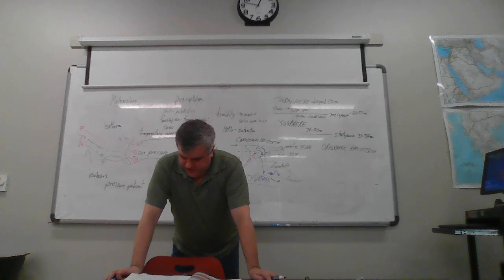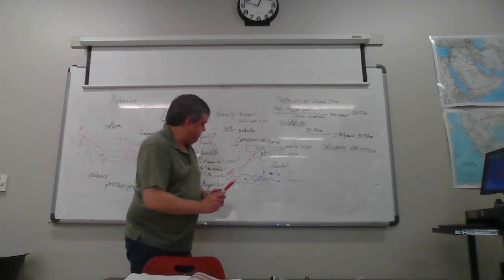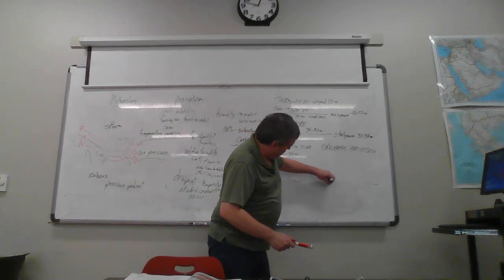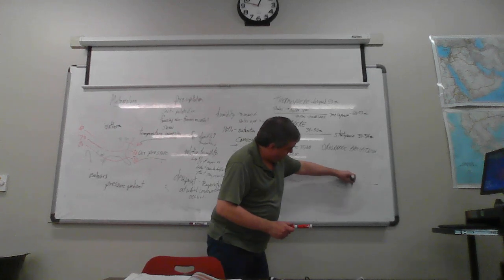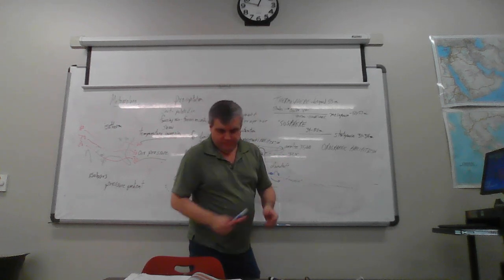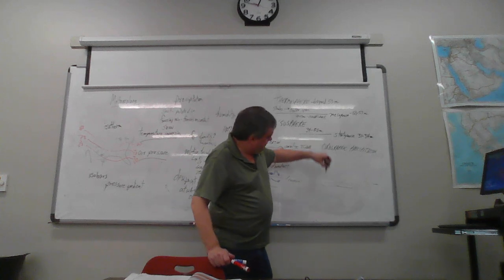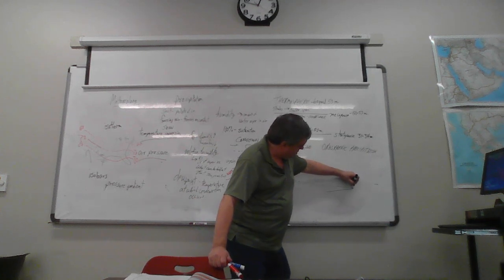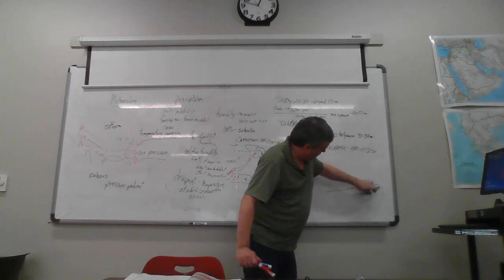Now, orographic precipitation causes the rise from changing elevation instead of an updraft. Got your little ocean or body of water here, and a mountain here.